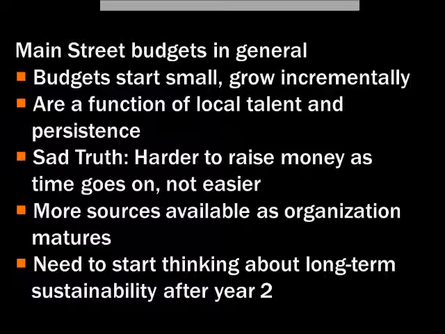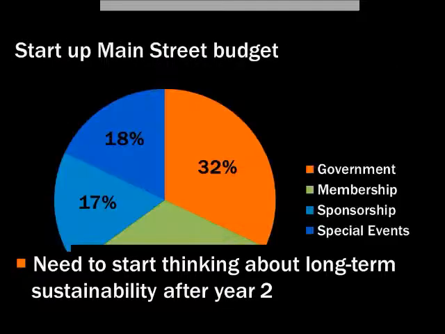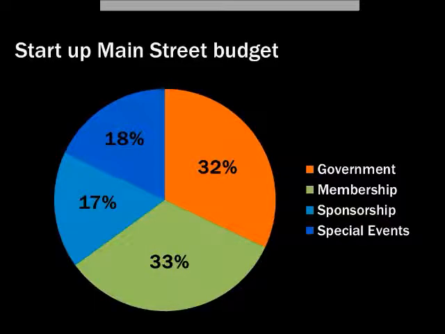To begin with, here's the slide that we want. A startup Main Street budget is generally composed of 3 parts. We've broken up the fundraising component into sponsorship and special events, but a third generally comes from the local government, a third in membership, and then a third in sponsorship and special events.